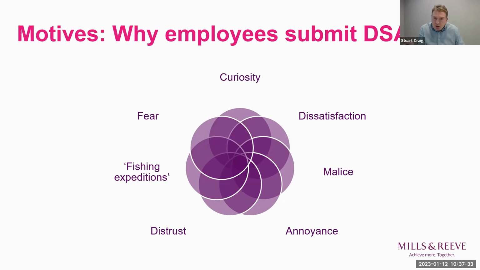And again, just looking at motivations for submitting DSARs. Has something happened to cause the employee to distrust the employer? In one case, we saw the employee shared his name with another employee, so let's call both of them John Smith for these purposes. Due to basic clerical errors and a lack of care, his employment record had been mixed up with the data of the other employee, and that actually affected his employment prospects.